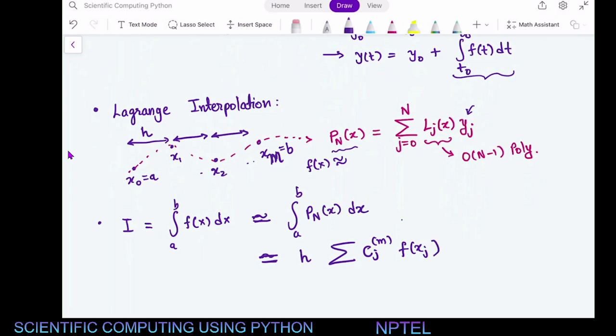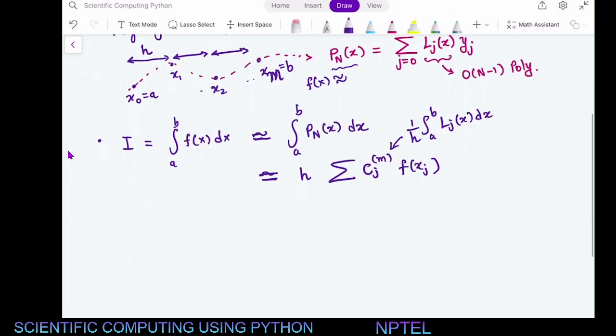This cjm is basically the integral from a to b of this Lj(x), and because we are pulling out an h outside, we get 1 over h. One general formula that we always write is that the integral is a sum over all the points of f of xj with some weights wj. So this wj determines how important the xj point is.